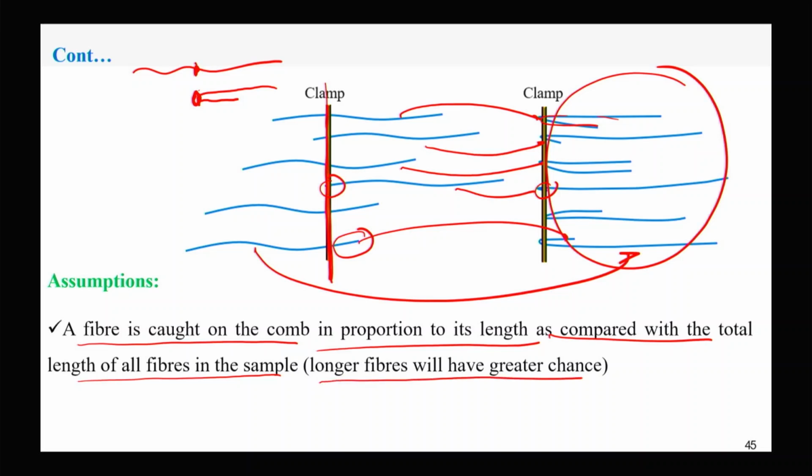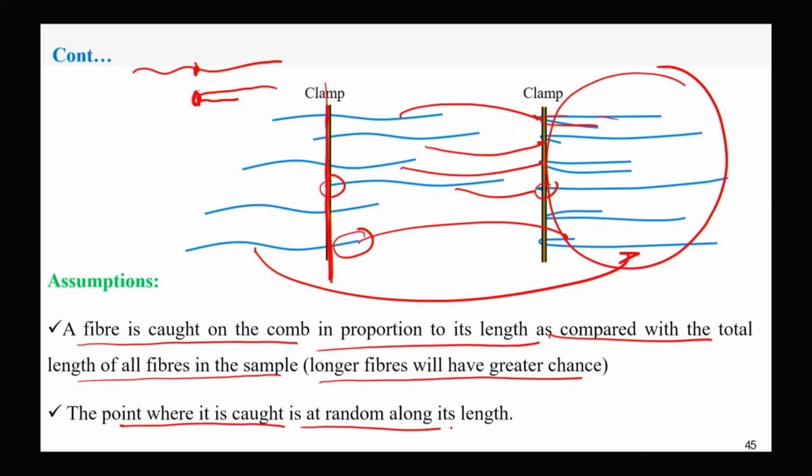And the second one is that the point where it is cut is at random along its length. It's not that always the fibers at the center will be picked, because the fibers are randomly selected, and it will be picked in a random fashion.